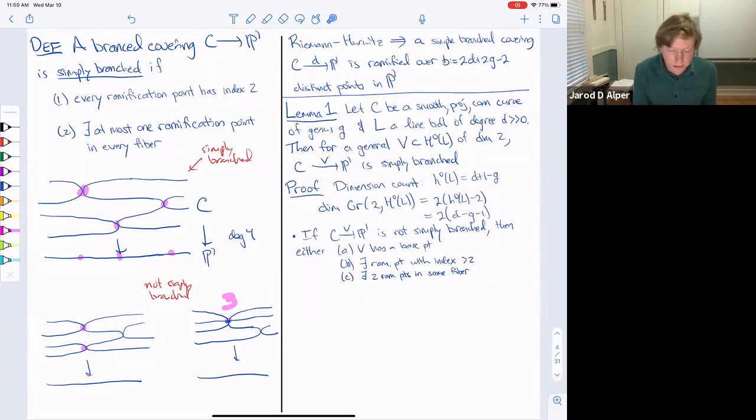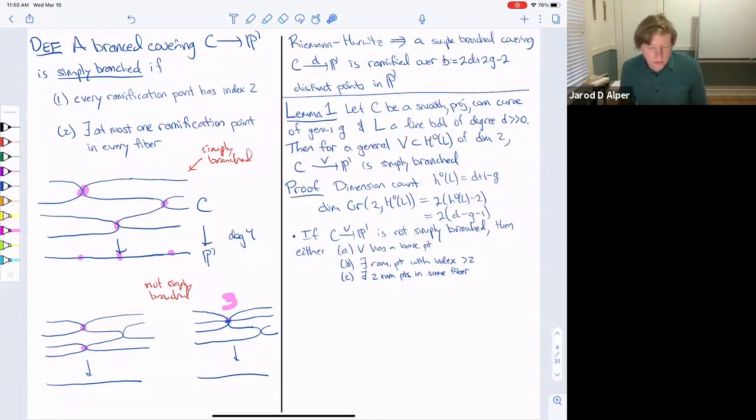This is the content of the first lemma. I take a smooth projective connected curve of genus G and a line bundle L of sufficiently high degree. You can make the bound explicit if you want. Then the statement is that for a general 2-dimensional subspace of the sections of L, the induced map defined by this linear series is simply branched.